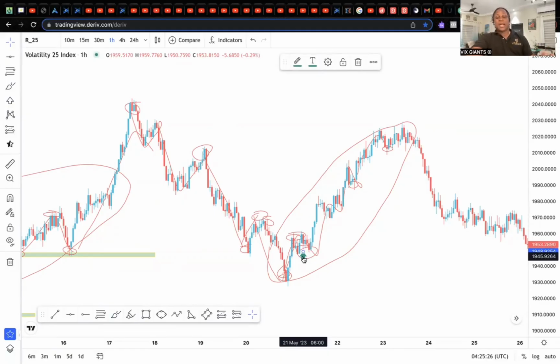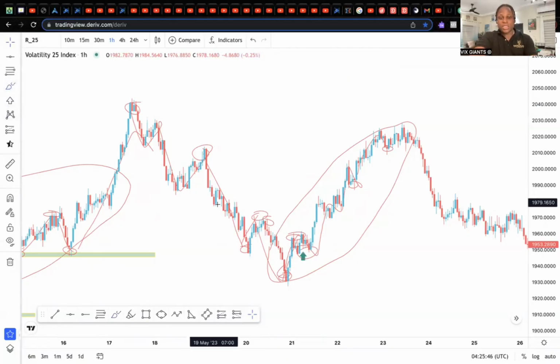But like I said, we don't look for a change in trend until we get a break in market structure, right? So this higher low was a sign that the market wants to change trend from a downtrend into an uptrend, but it was not clear until this happened.